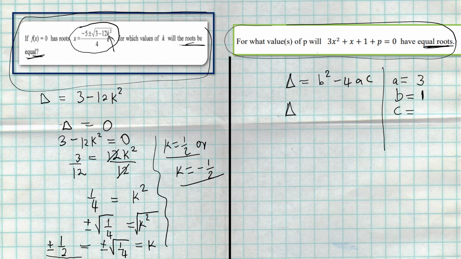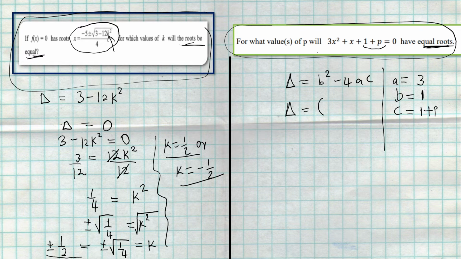Our c is anything that does not have x, in other words it's a constant, and here it is 1 plus p. So don't make the mistake of saying it's 1, or some people can just say it's p only. It's 1 plus p because they don't have x, they don't have x squared. Anything that does not have x, so it's 1 plus p, that is your c, it's a constant.